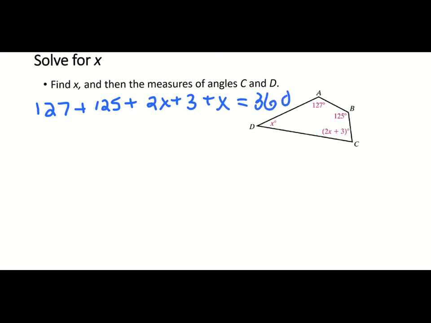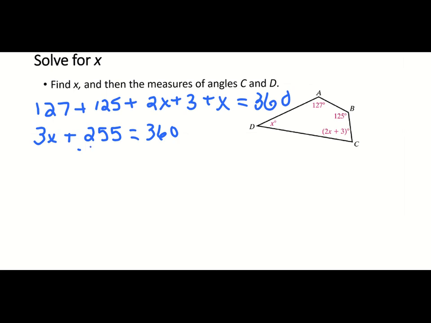Let's combine like terms. We'll do our x's first. 2x plus x will give me 3x. And then if I add 127, 125, and 3 together, it's going to give me a total of 255. And that's going to be equal to 360.